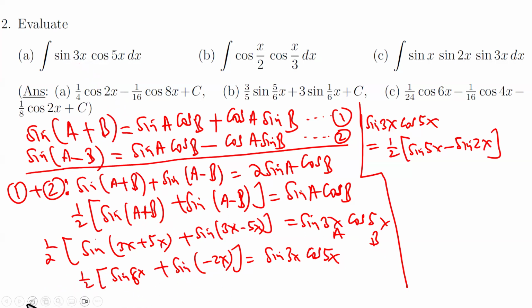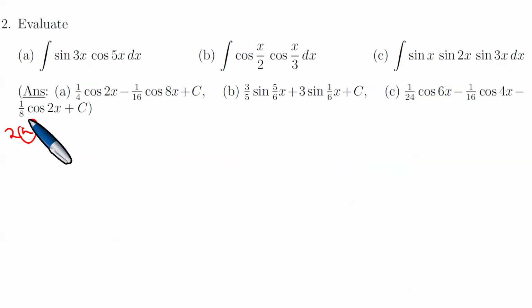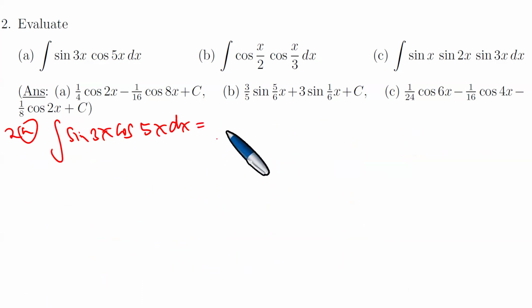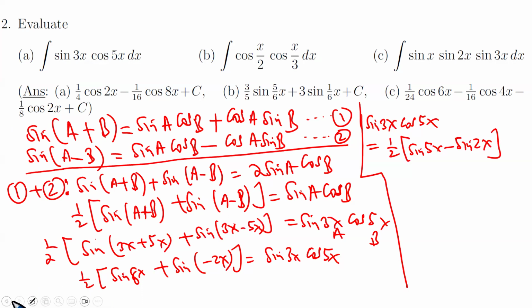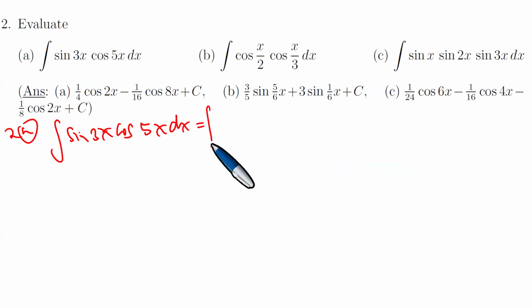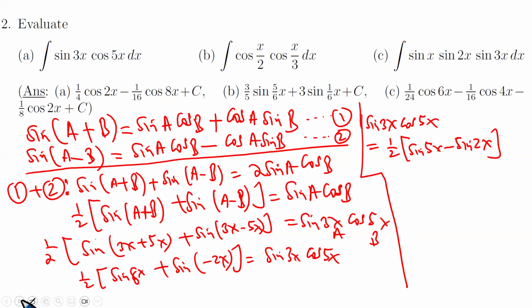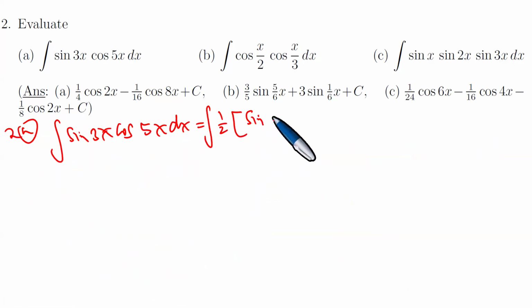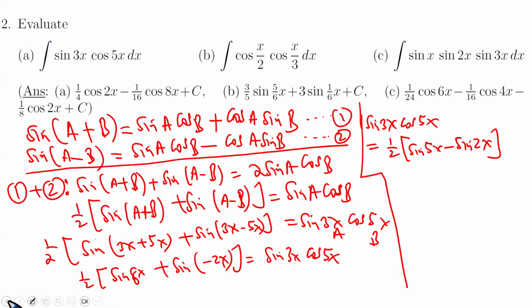In other words, if we are dealing with this one here, we're going to use exactly this formula. We have the integral of the sine of 3x cosine 5x. It's 1/2. You add the angles up, and then plus, you subtract the angles.